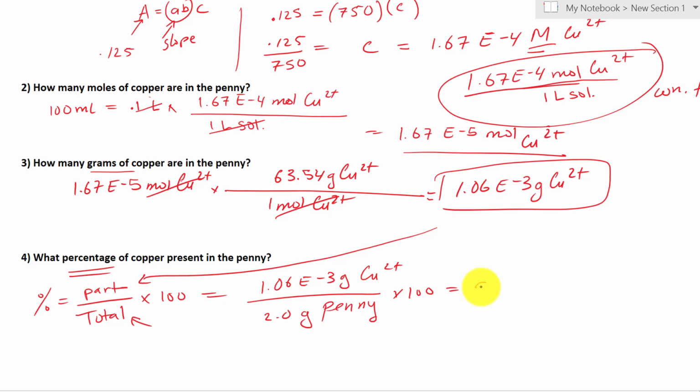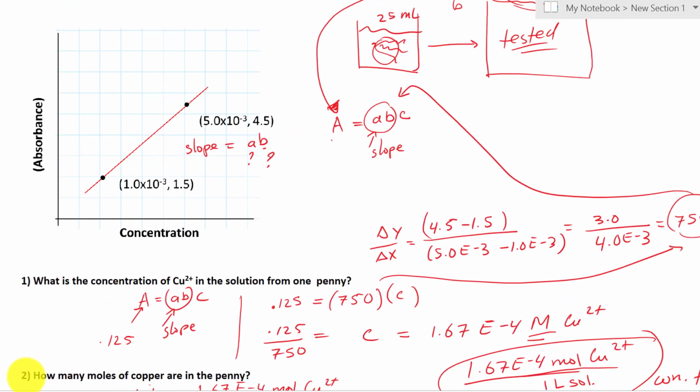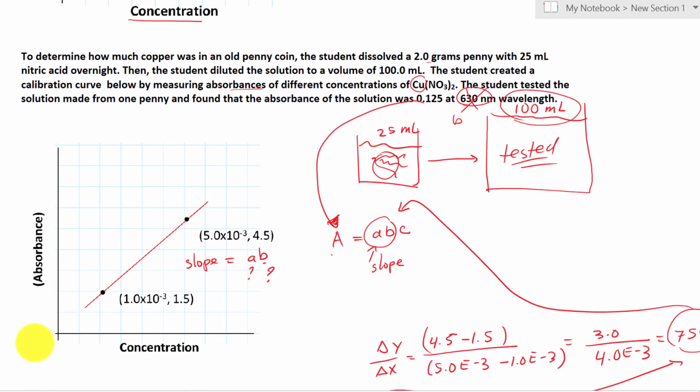We have 5.30 e to the negative 2 percent, or in terms of decimal, 0.053% of the penny will be copper. So this right here is basic stoichiometry, okay? But in order to solve this problem, you need to realize that the calibration curve gives us the slope, which is equal to A times B.